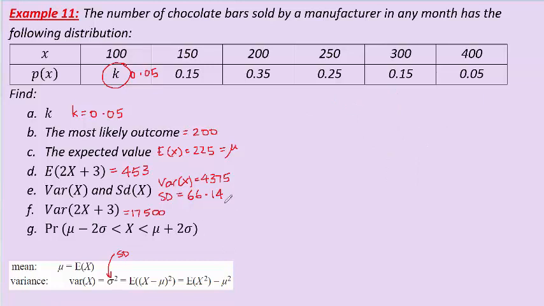Now there's a piece of theory that tells us that the probability, this is asking the probability of X being within 2 standard deviations of the mean. So I should write that properly.